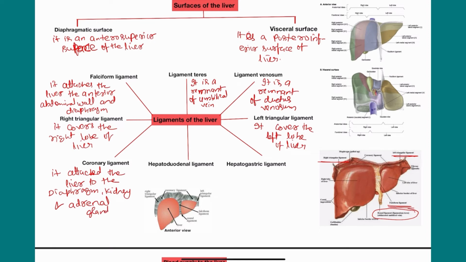Here I will show you, this is the coronary ligament. It attaches the liver to the diaphragm, kidney, and the adrenal gland.